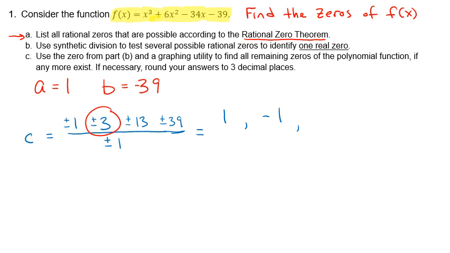Right? Then we've got 3. 3 over 1, 3 over negative 1. So that's 2 more, positive 3 and negative 3. All right, so we're generating a list of potential candidates here that might be zeros of the polynomial. Then we've got 13. So 13 over 1, 13 over negative 1.